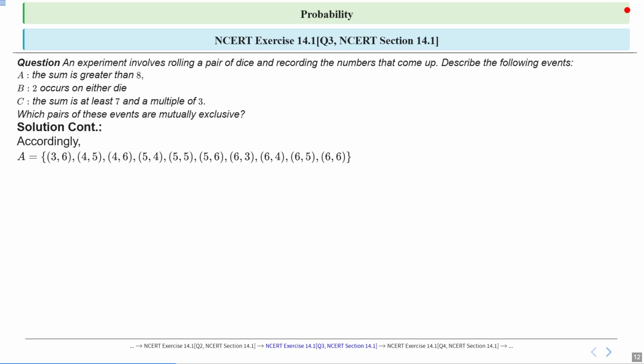You can verify by adding the first and second numbers in the ordered pairs; you will get a sum greater than 8.